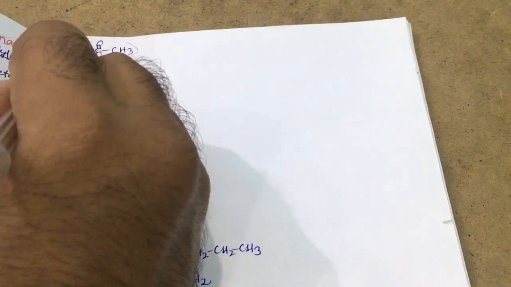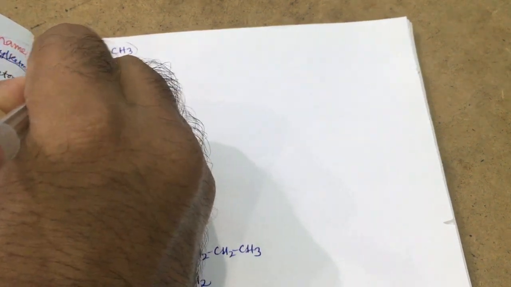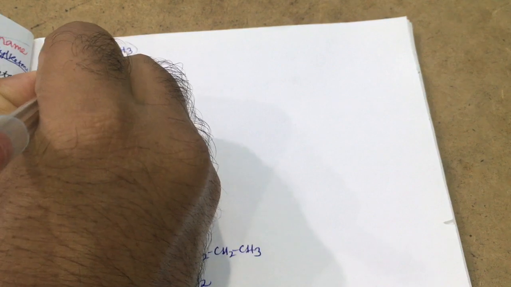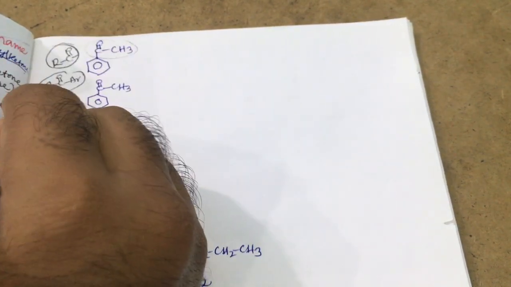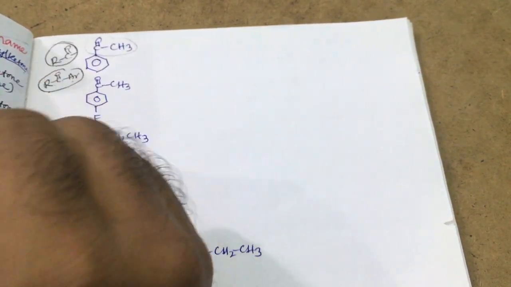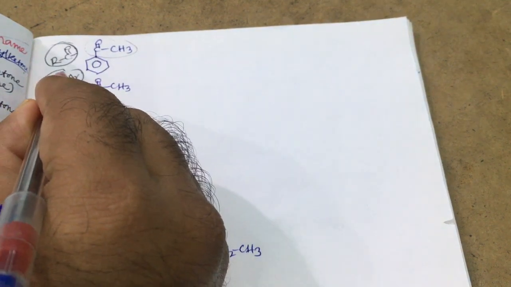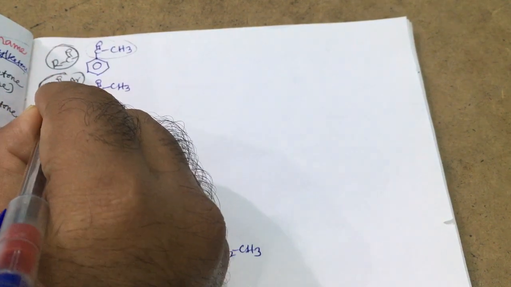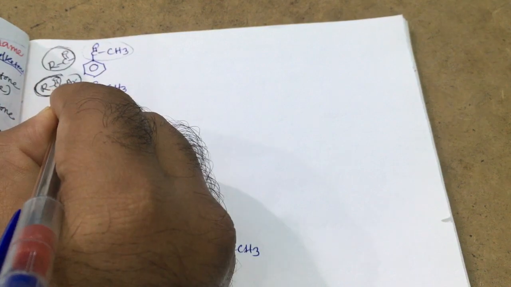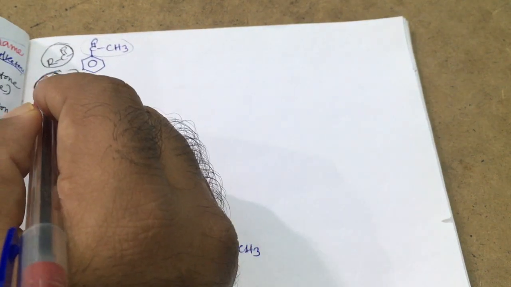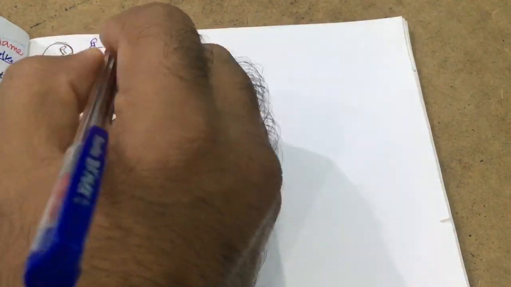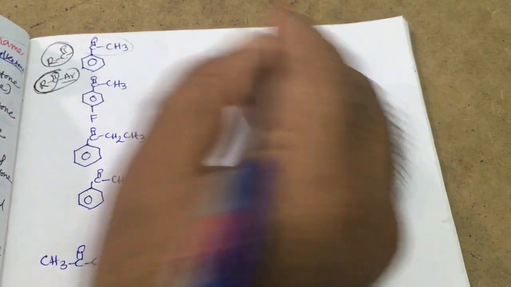So it is nothing but R-C=O-Ar. When alkyl aryl ketones are present, first we have to write the prefix as the acyl, then it is pronounced as phenone.